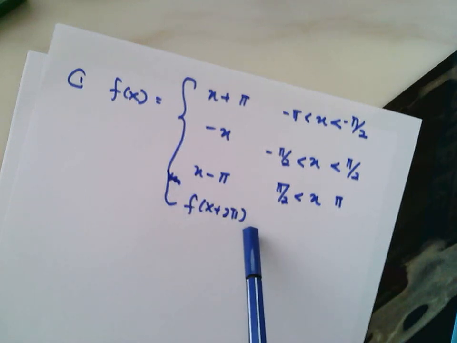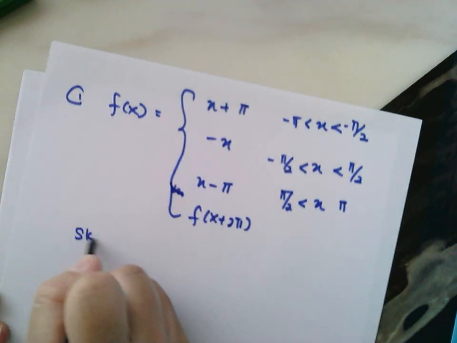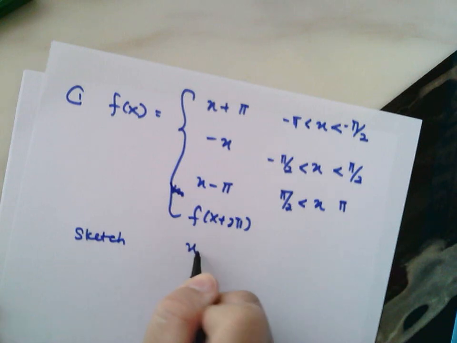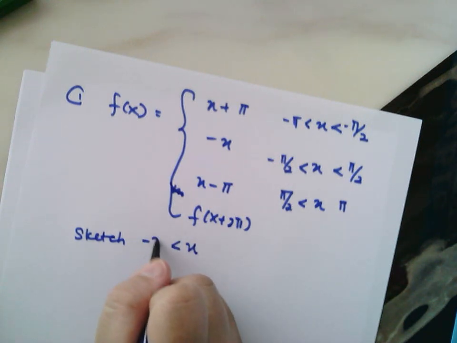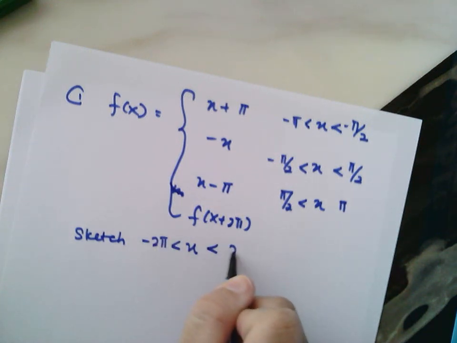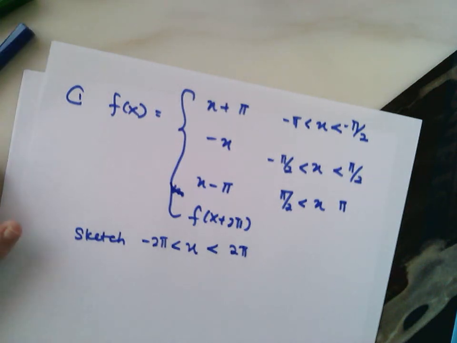Now the question asks you to sketch the graph for the range of x greater than negative 2 pi and less than 2 pi. So this is the problem: you need to sketch between the range of negative 2 pi to 2 pi.